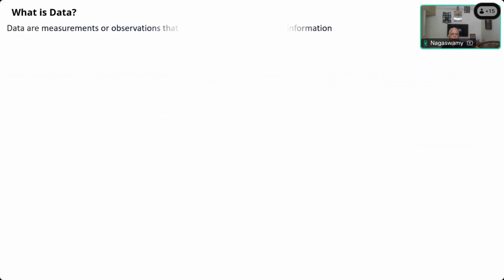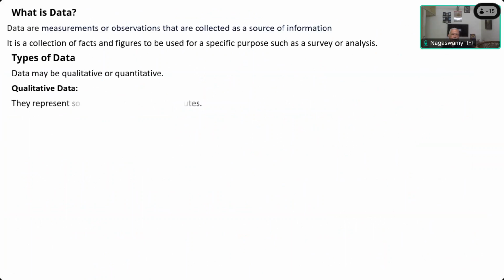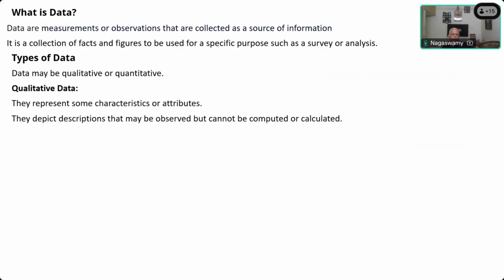Now coming to data, what is data? Data are measurement or observations that are collected as a source of information. And it's a collection of facts and figures which can be used for a specific purpose such as survey or analysis. Now the types of data can be qualitative or quantitative. Qualitative data represent some characteristics, attributes, and they depict description that may be observed but cannot be computed or calculated.